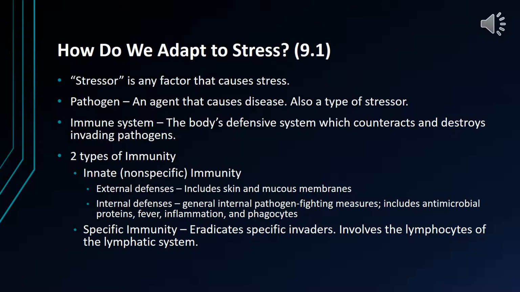And these internal defenses include antimicrobial proteins, fever, inflammation, and phagocytes. Specific immunity works to eradicate specific invaders, so it targets specific types of pathogens. And this type of immunity involves the lymphocytes of the lymphatic system. And we're going to talk about both of these types of immunity more in the following slides.